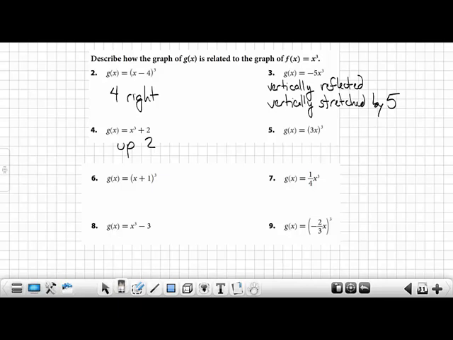Isaac? Horizontally compressed by 1/3. I threw you a curveball, Colin. It was on purpose. You called in Isaac as a pinch hitter.